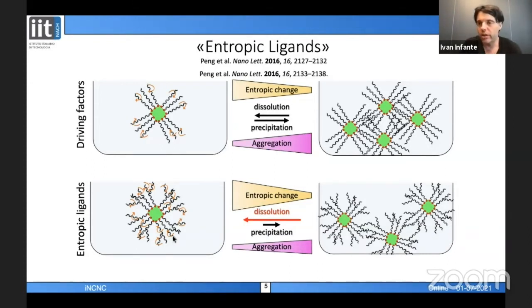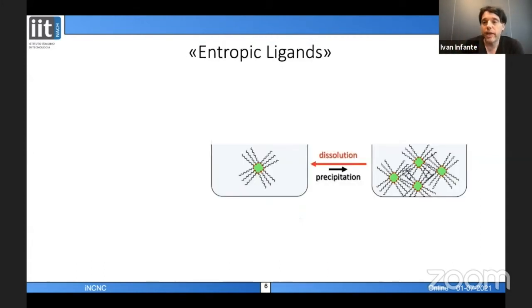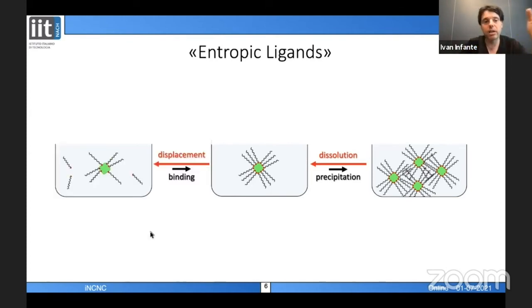There is a point that was not included in this thermodynamic picture: when you increase the entropy of the ligands on the surface, so if you branch the ligands, in reality you have another equilibrium, which is the binding of the ligands to the nanocrystal.